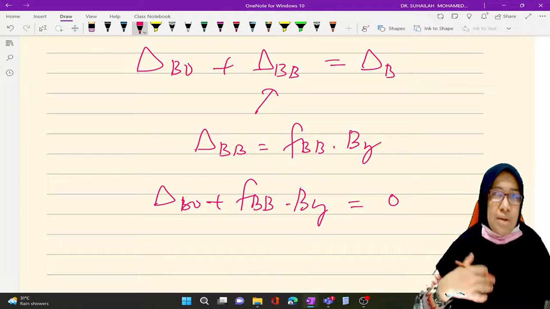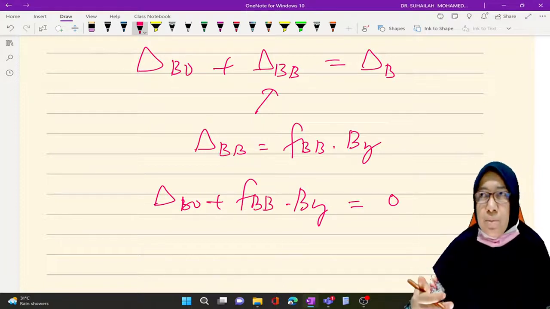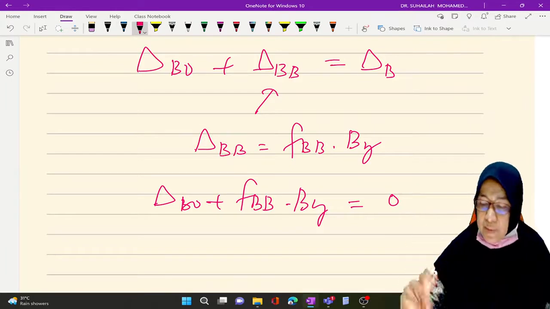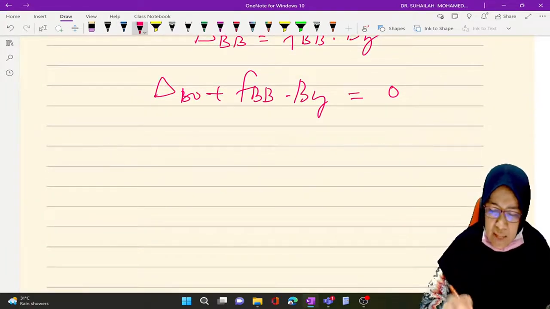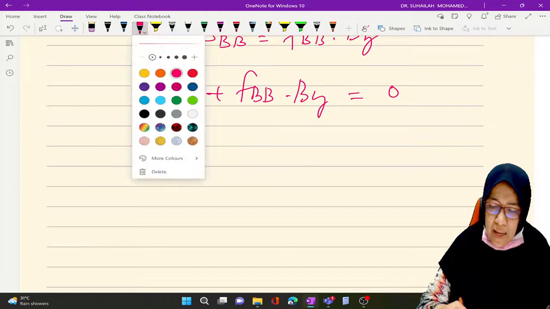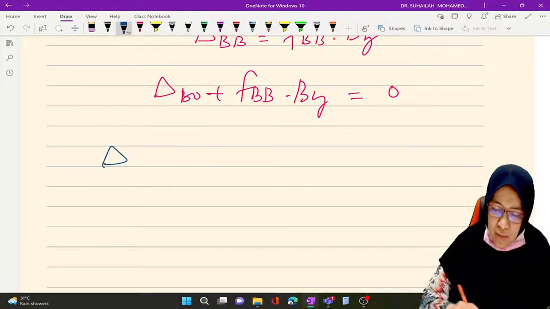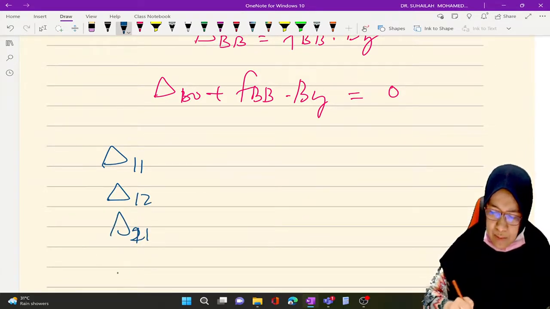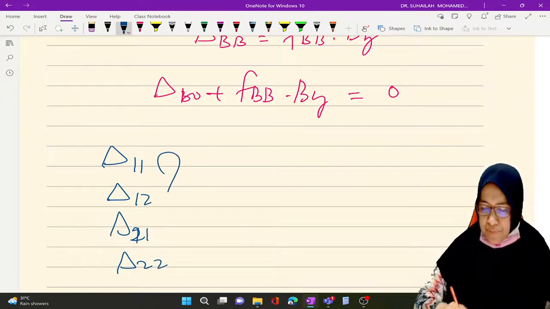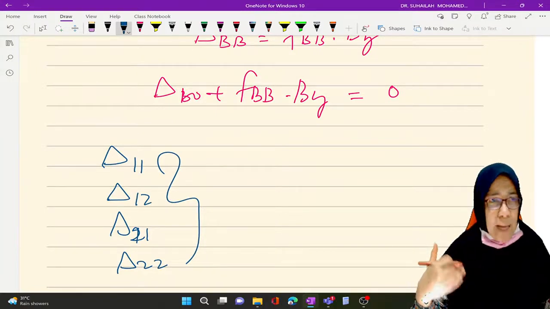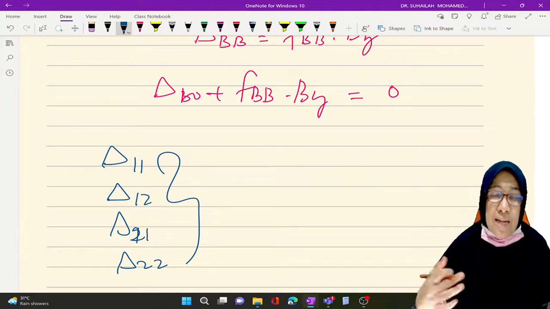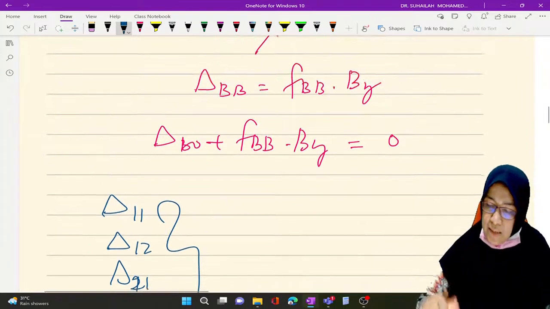That is why bila you nak cari displacement F, tak payah pakai simbol delta ni. Jangan pakai simbol ni, because bila you pakai simbol ni untuk cari displacement in redundant system, yang ni dia datang dengan package ni.